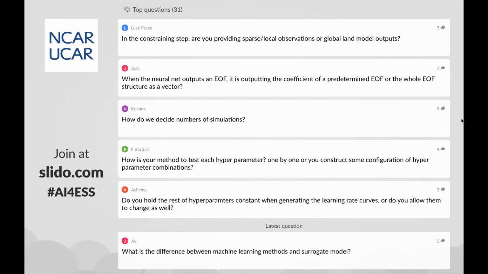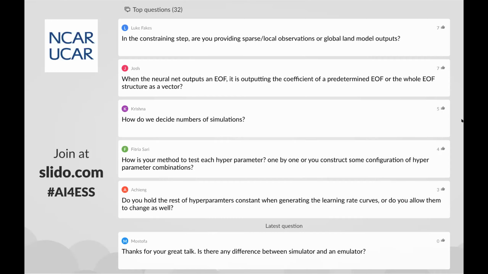Okay, question from Luke. In the constraining step, are you providing sparse/local observations or global land model outputs? So both global observations and global land model outputs. The particular optimization is running across the EOF space.